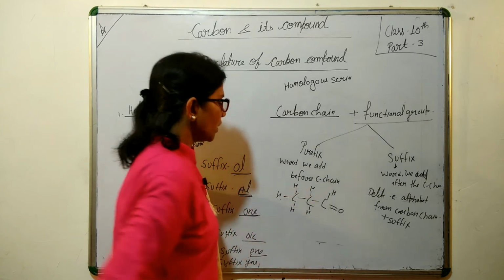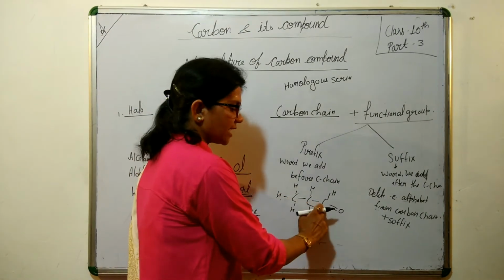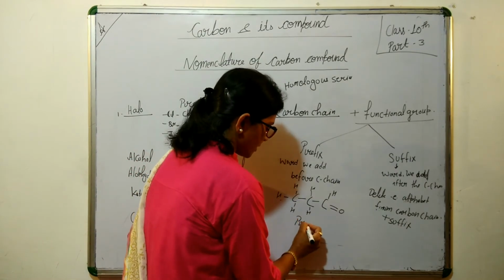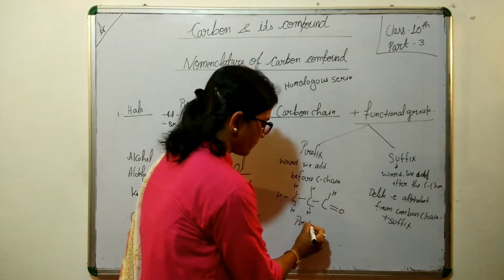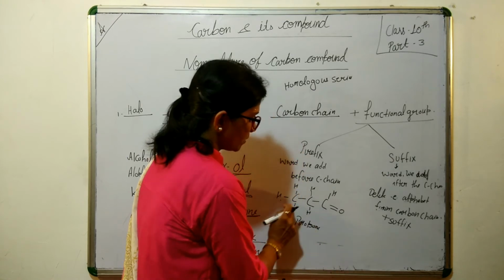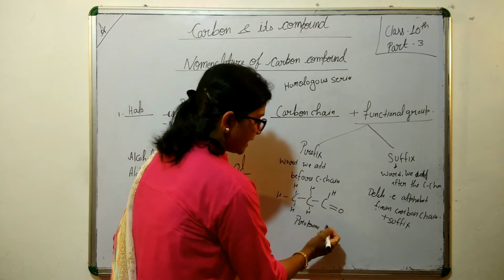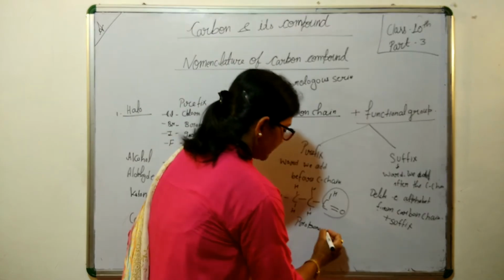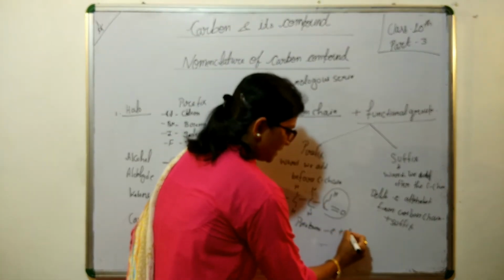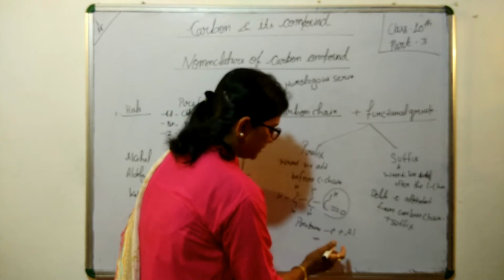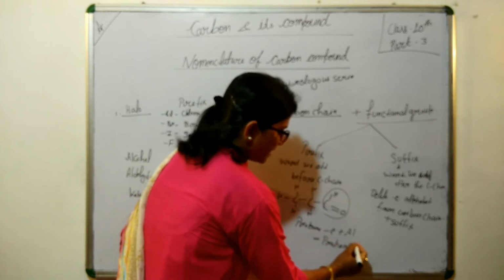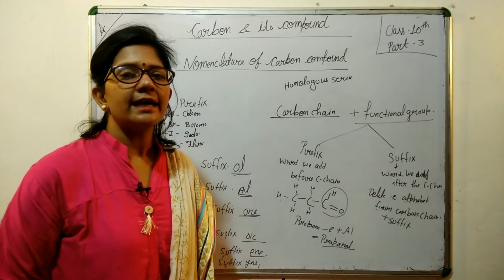Now you can see there are 3 carbons in the compound, so it is propane. Because there is no double bond, but there is an al group here, then minus E plus al, and then you will get propanal. It is your aldehyde.